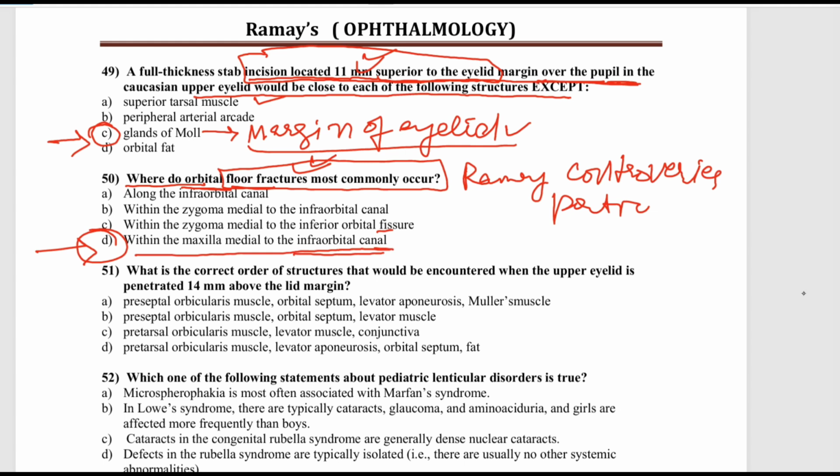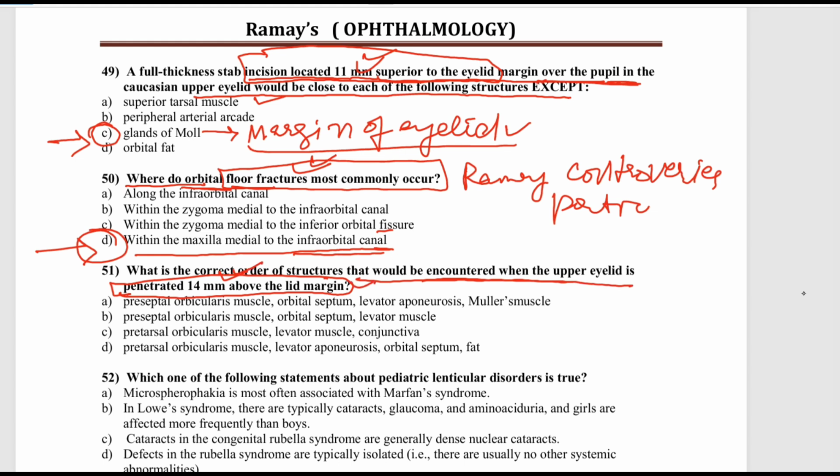The next question is, what is the correct order of the structures that would be encountered when the upper eyelid is penetrated 14 millimeters above the eyelid margin? This is the question asked in another way. There was a previous question as well. What structures would be present when there is an incision at 14 millimeters?